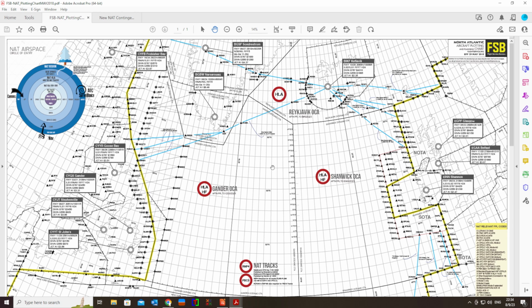If we are non-ETOPS at all, that means that we have to fly within 60 minutes of an adequate airport. And these are the blue routes here that you see in the plotting chart, going North Atlantic and crossing those routes.